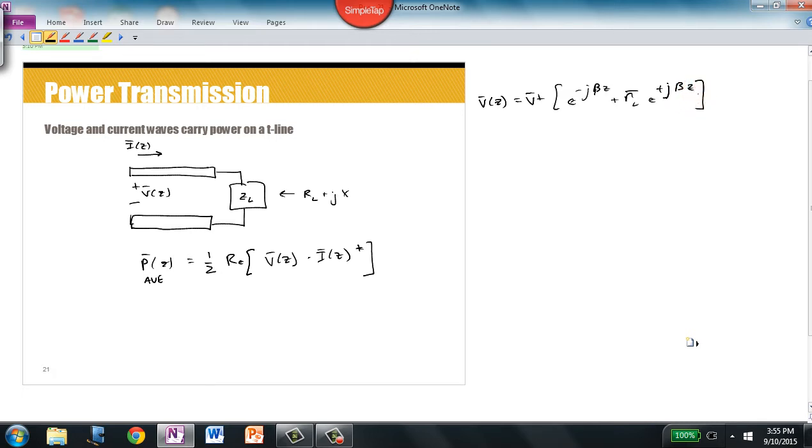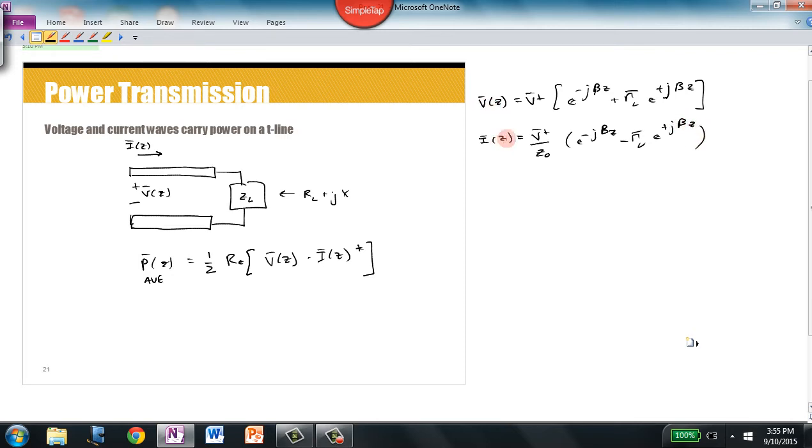So that's the voltage expression. And the expression for current along the transmission line is I of z is equal to V bar plus divided by Z0, times e to the minus j beta z minus the reflection coefficient at the load, e to the plus j beta z.